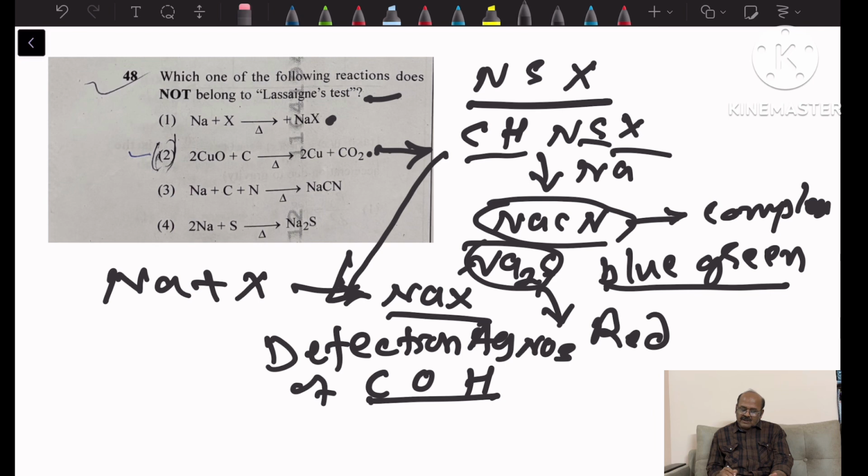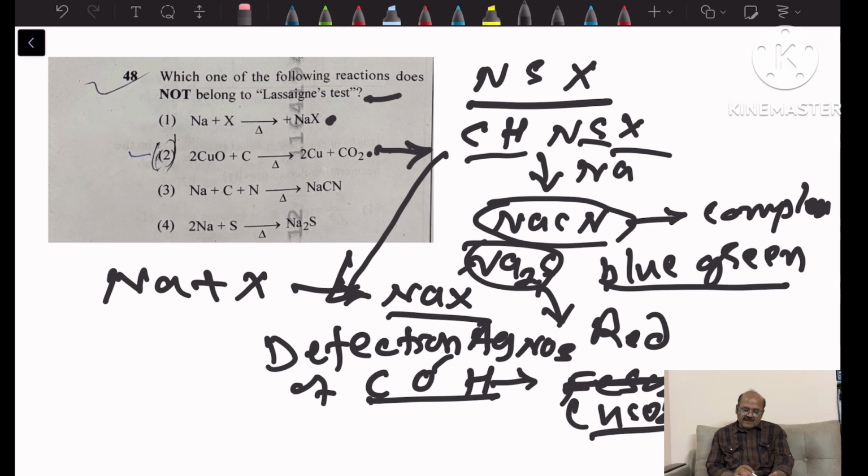And there is no direct test for oxygen, and hydrogen will convert into water by oxidation with cupric oxide, which oxidizes hydrogen to water. This can be detected with the help of anhydrous cupric sulfate, which is colorless, but on reacting with water it gives rise to blue color, forming copper sulfate pentahydrate.